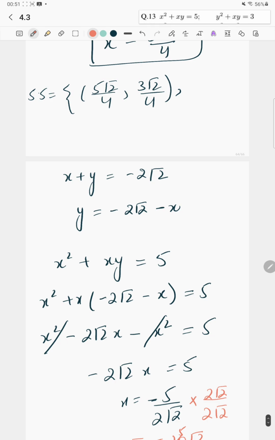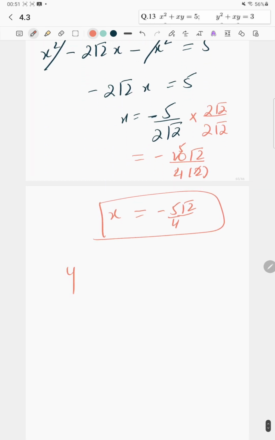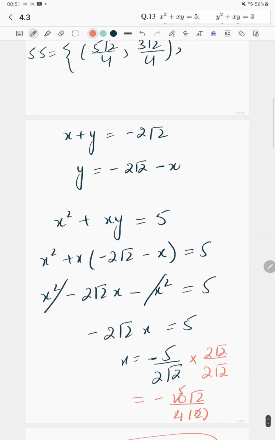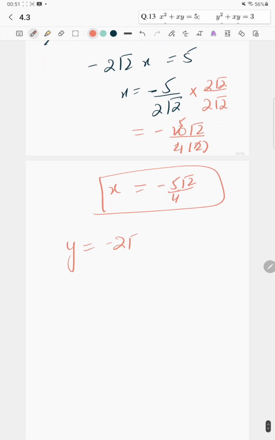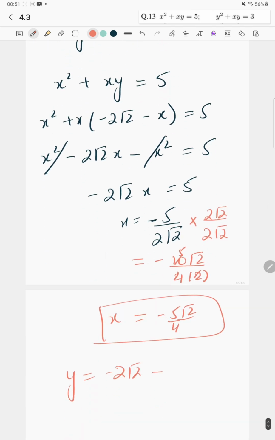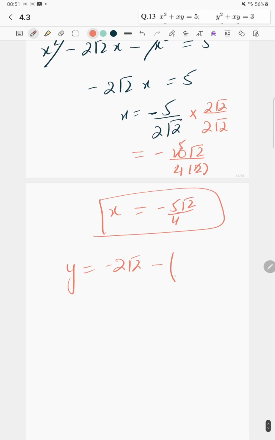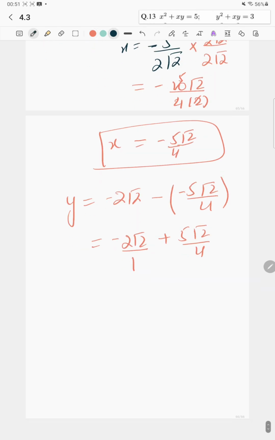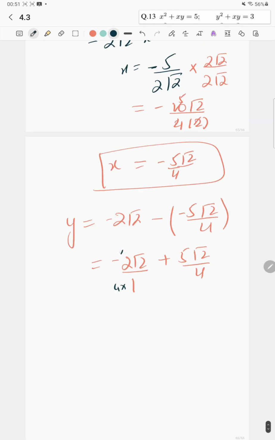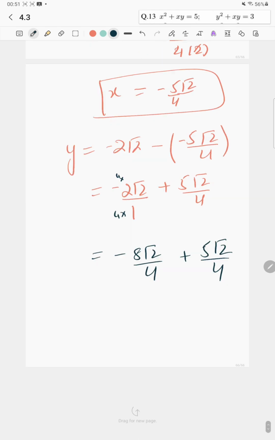And to find y, x plus y is equal to minus 2 square root 2, so y is minus 2 square root 2 minus x. And what is x? x is minus 5 square root 2 by 4. So it's minus 2 square root 2 plus 5 square root 2 by 4. So it's 4 here, 1 here, making the denominator the same. We will get minus 8 square root 2 by 4 plus 5 square root 2 by 4.